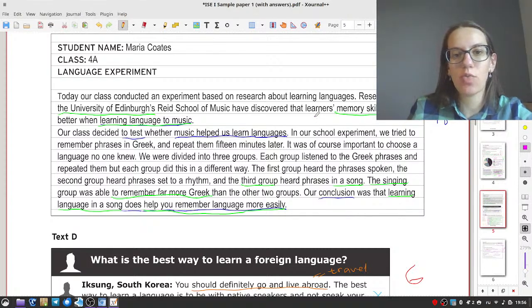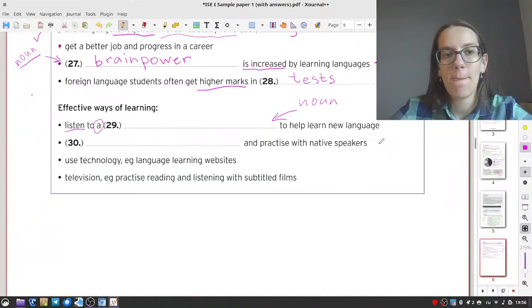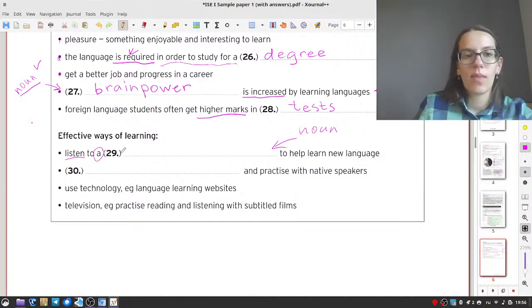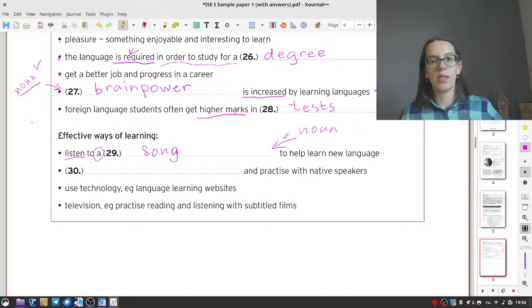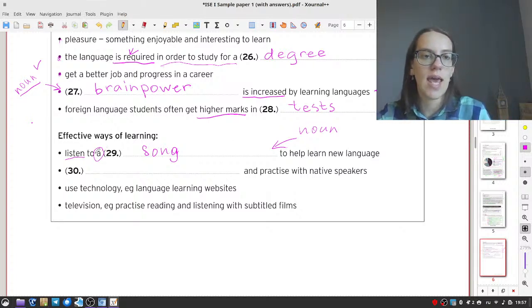So what kind of word can we use? So the third group heard phrases in a song. So here is a word that we can use with a. And then we found out that it's better, so song. Does this work? Yeah. Listen to a song to help learn new language. That works. So we can't, once again, a something.